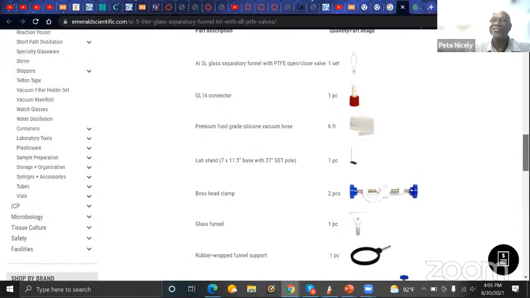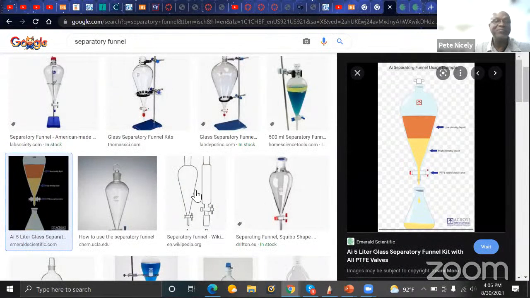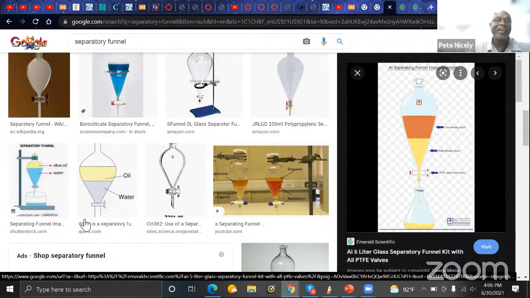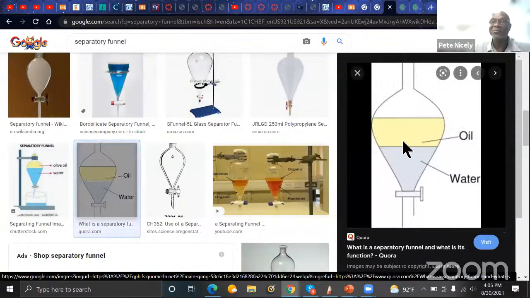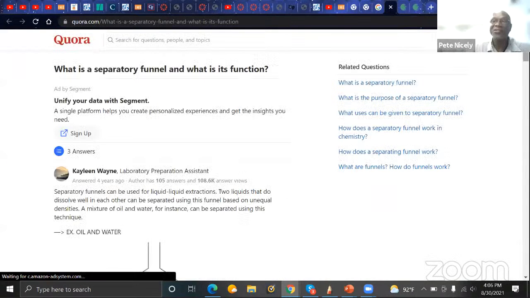This thing is freezing up on me for some reason. I was hoping to get a larger image of this. Let me see if I can get this one being larger. This would be a good example.